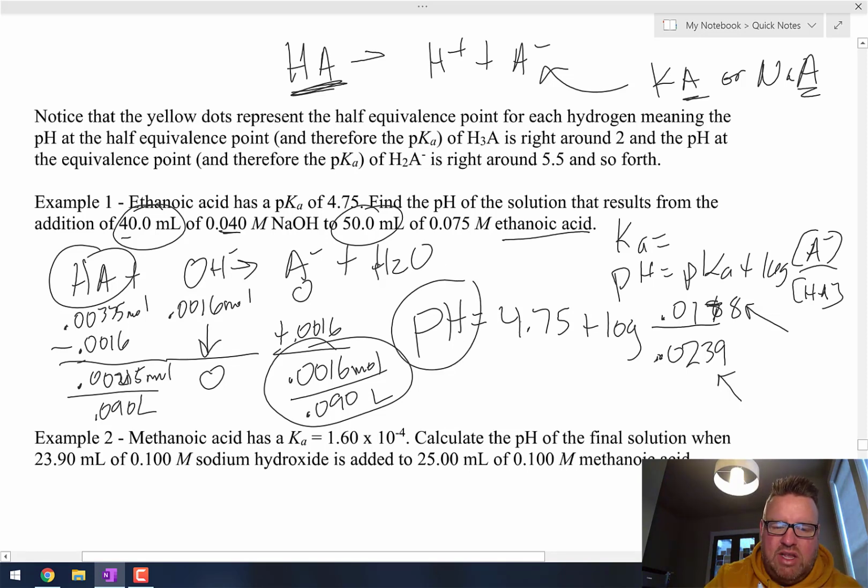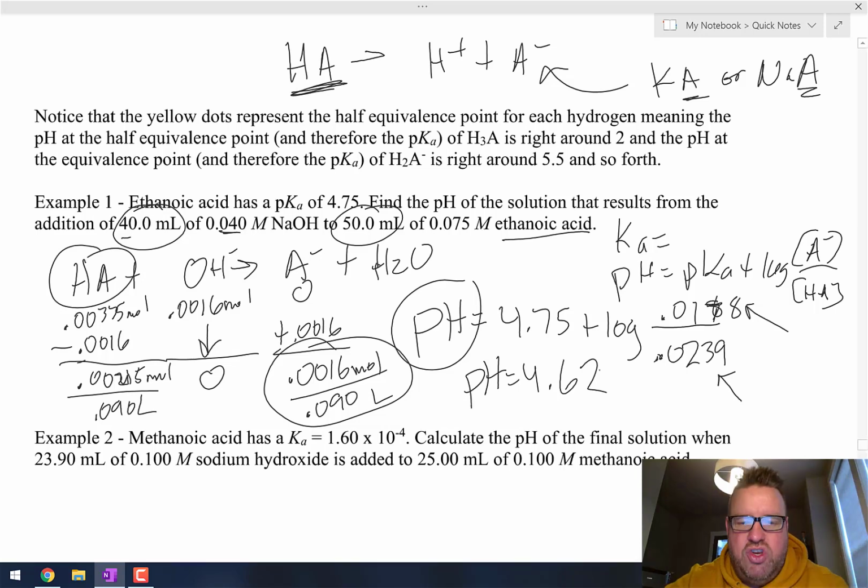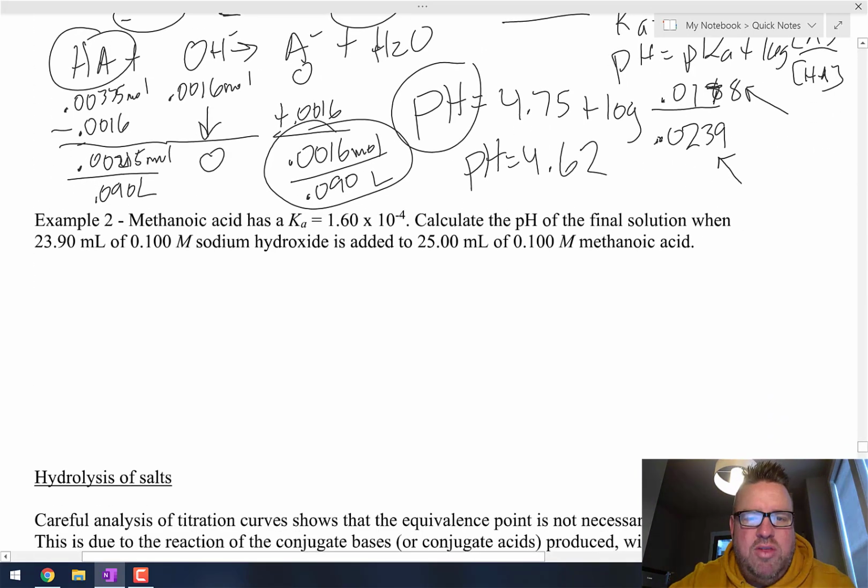Plus the log of 0.0178 divided by 0.0239, and I get a pH equal to 4.62. So I'm close to the pKa, which means I'm getting close to, if this were a titration, the half equivalence point, but I'm not there yet.